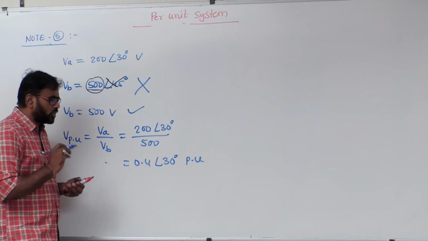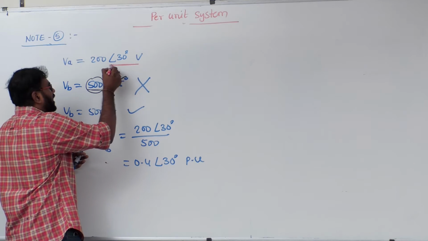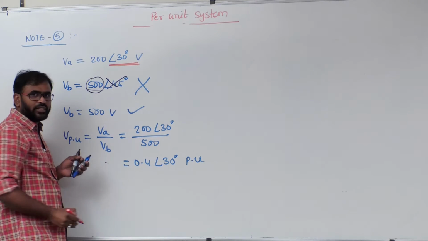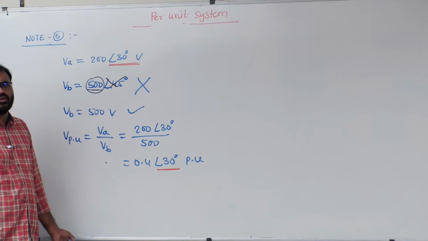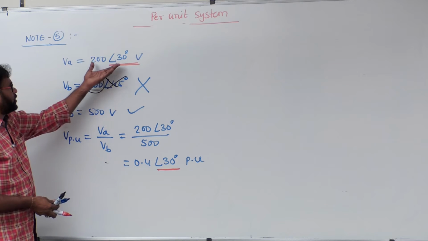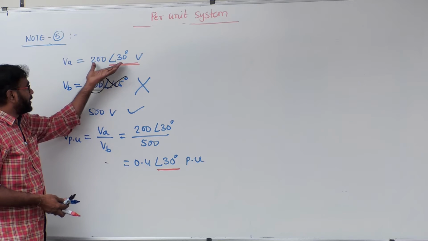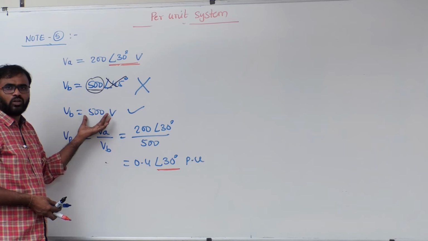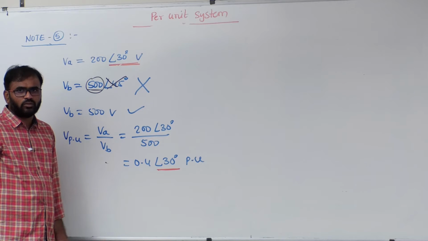Now just notice one thing here. The actual voltage phase angle is 30 degrees. The per unit voltage phase angle is also what? 30 degrees. Definitely. Why? Because you are dividing by a magnitude. Correct or not? You are dividing by a magnitude of 500. So the phase angle will not change. Okay, straightforward, simple maths.